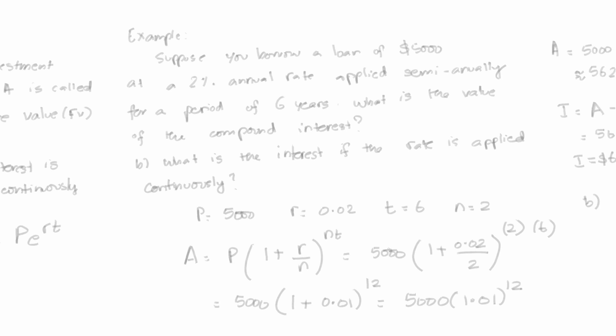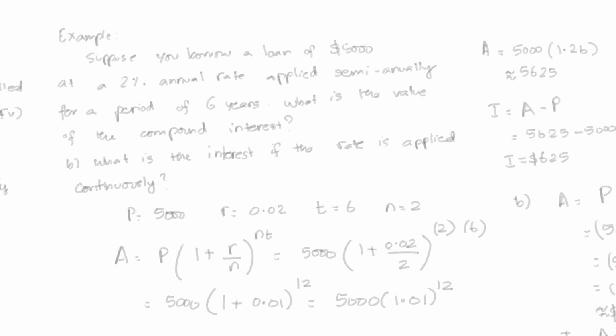Now, here is an example. Suppose you borrow a loan of $5,000 at a 2% annual rate, applied semi-annually for a period of 6 years. What is the value of the compound interest? Now, the second part, what is the interest if the rate is applied continuously?